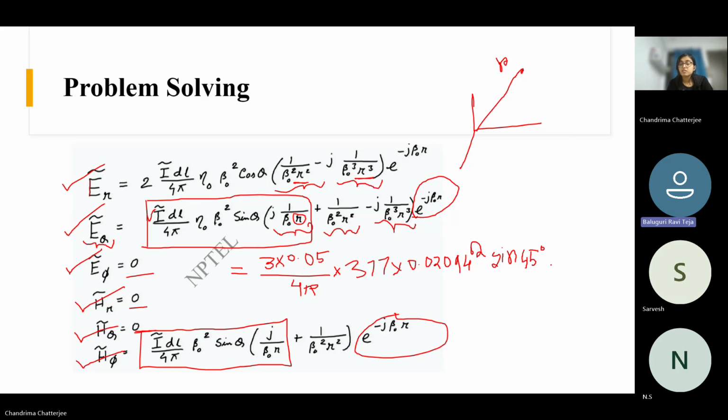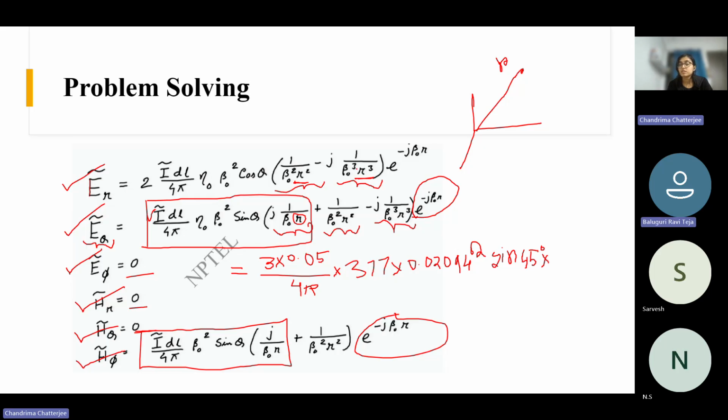Ma'am, we no need to calculate ER, no? That is also electric field, no? Yeah, that is ER, but as we are talking about far field, here we get R square and R cube terms, which we can neglect for far field because R is too large.